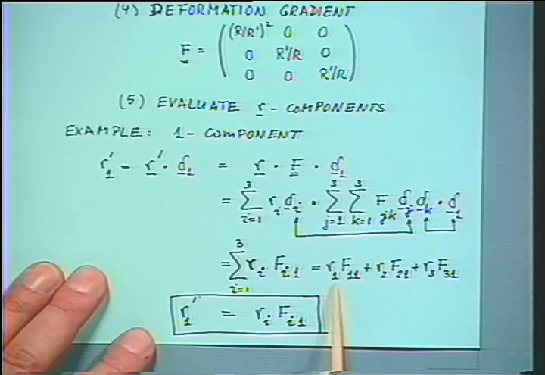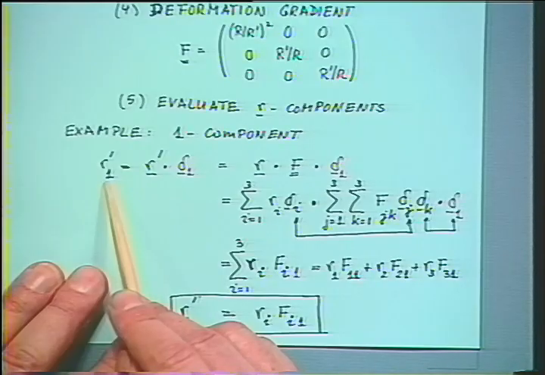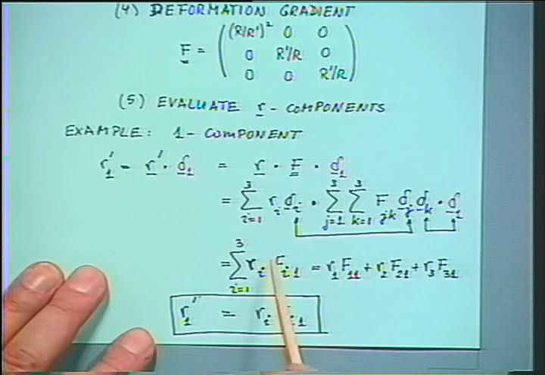Or in a regular writing, I would say R1 times F11 plus R2 F21 plus R3 times F31 is the result. That's the 1 component of R prime. The shorthand notation for this is written below.